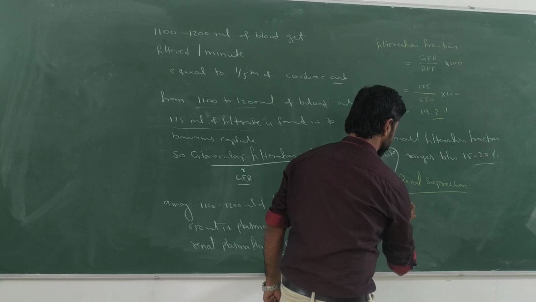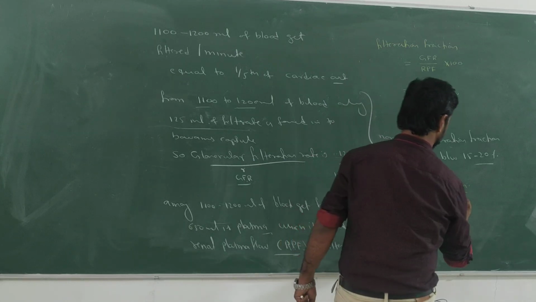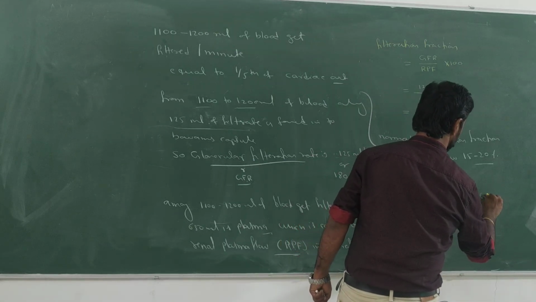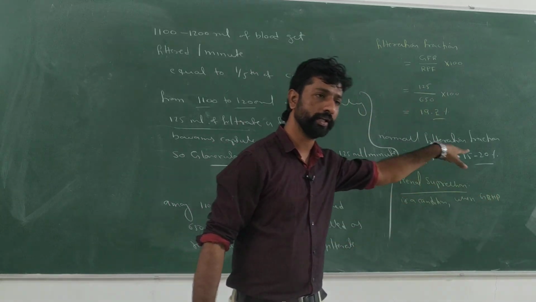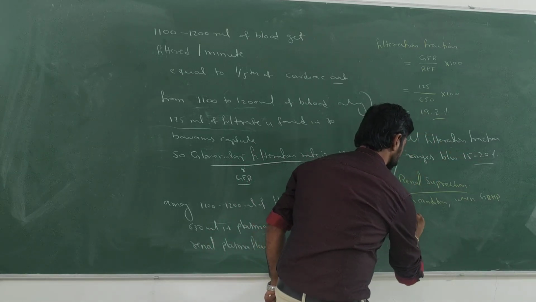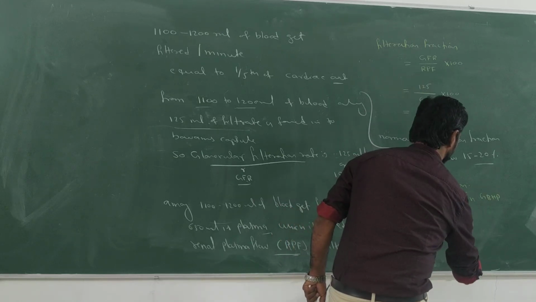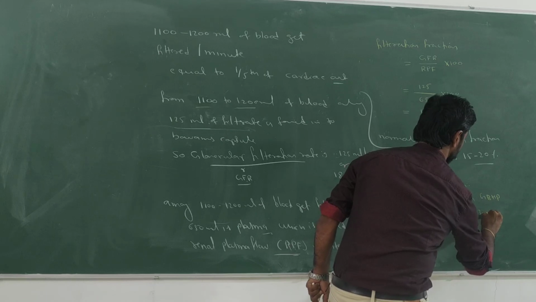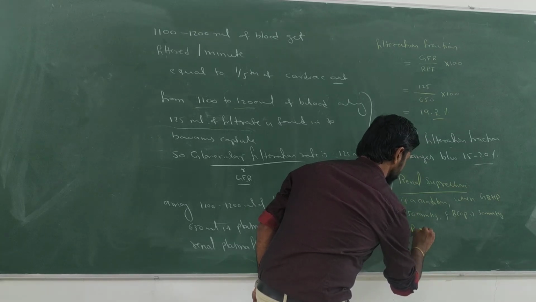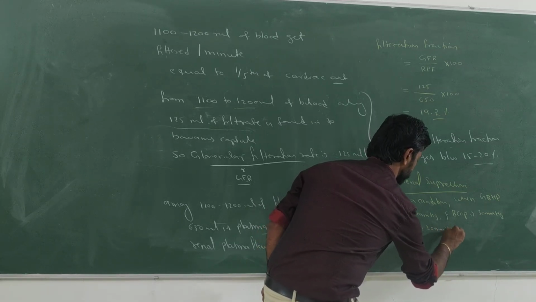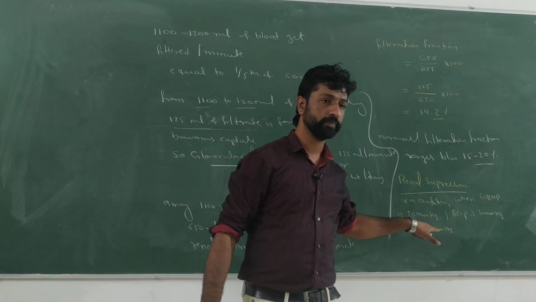Renal suppression is a condition when GBHP, glomerular blood hydrostatic pressure, is 50 mmHg, BCOP is 30 mmHg, and CHP is 20 mmHg. What happens? The net filtration pressure becomes 0.